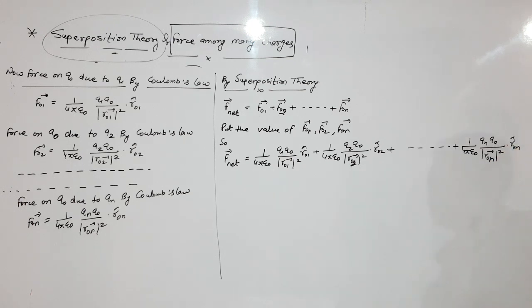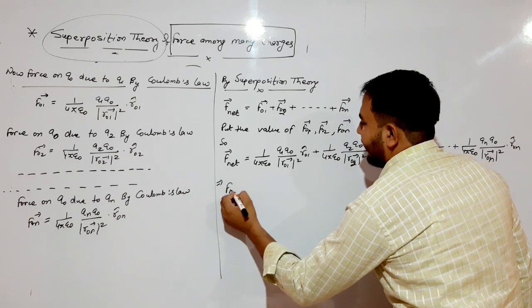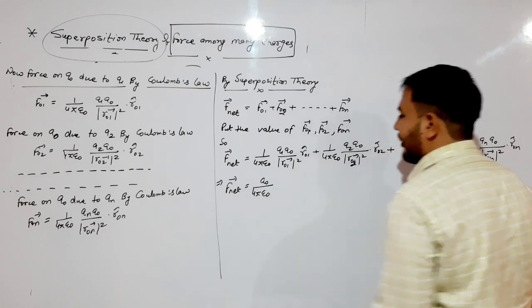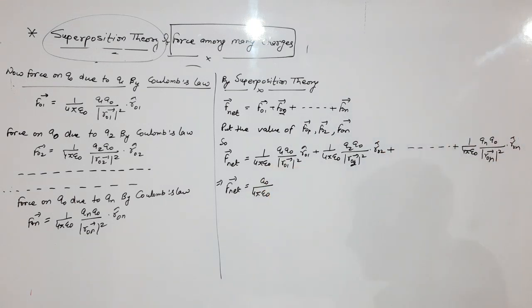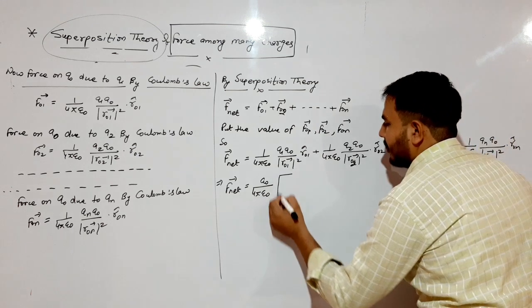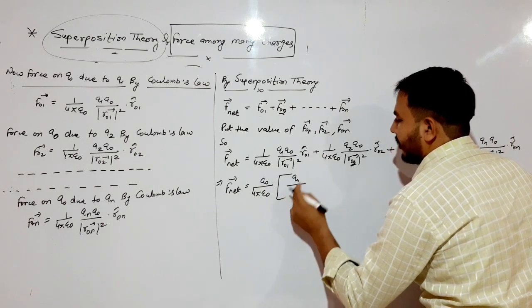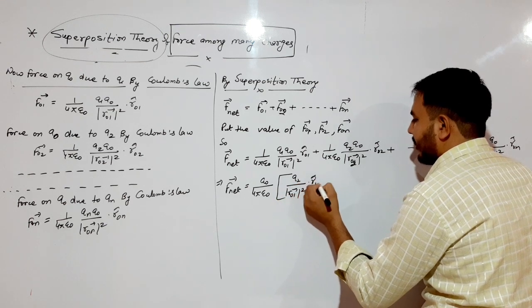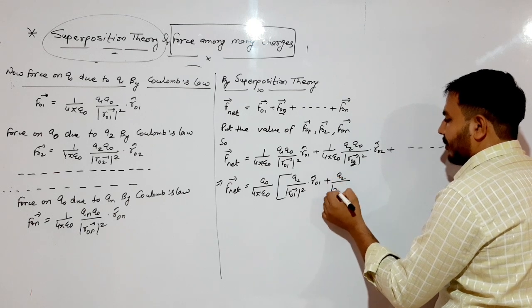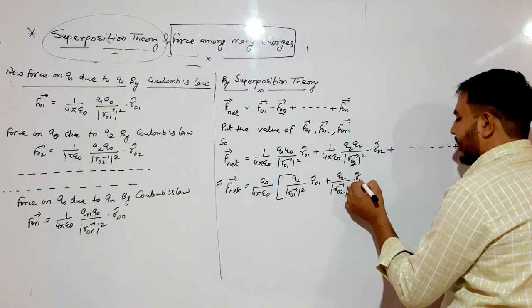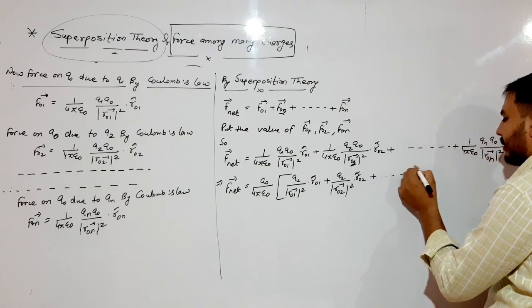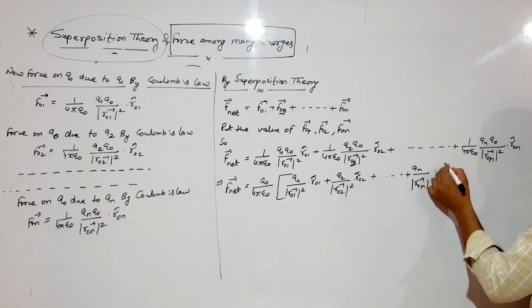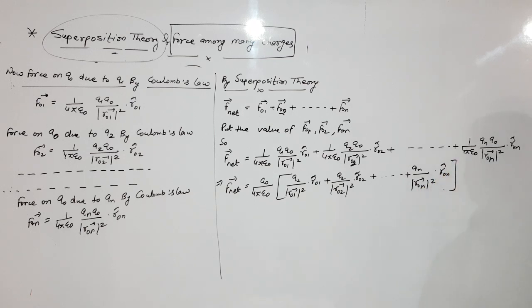What is the common factor in this equation? F net vector is equal to Q naught upon 4 pi epsilon naught. This quantity is common. So Q1 upon r01 vector square r01 cap, Q2 upon r02 vector square r02 cap, up to Qn upon r0n vector square r0n cap.